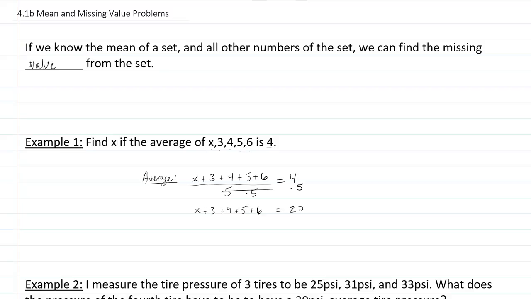Now to get x by itself, all we have to do is subtract each number. So if we minus 6, minus 5, minus 4, and minus 3 from both sides, we end up with x equals, so this becomes 14, 10, 5, 2, and so x ends up being 2.